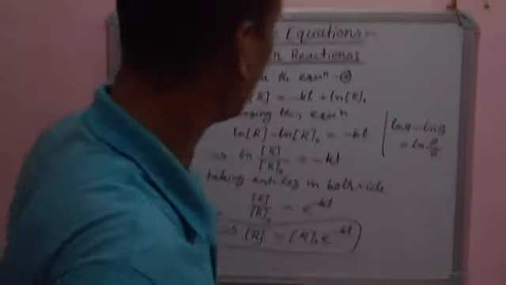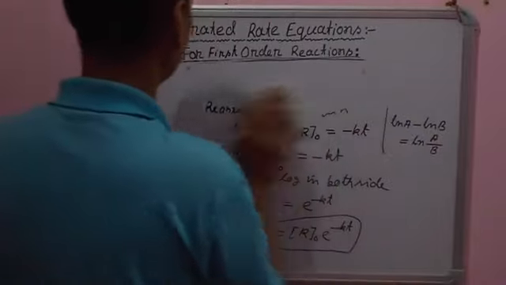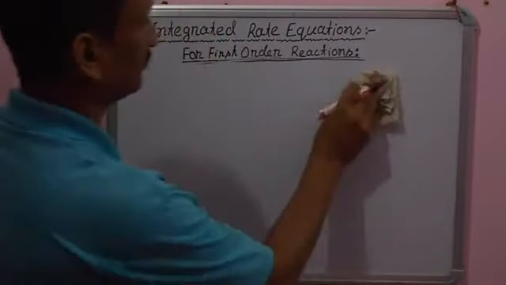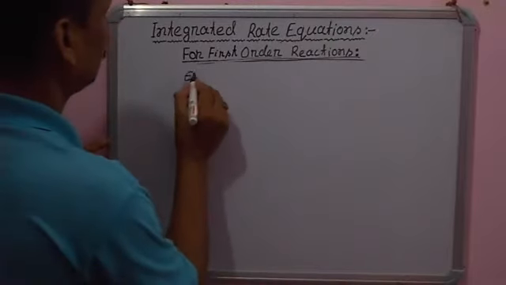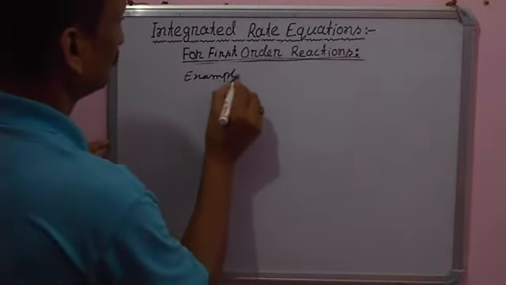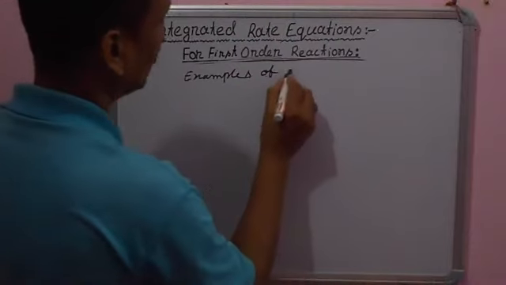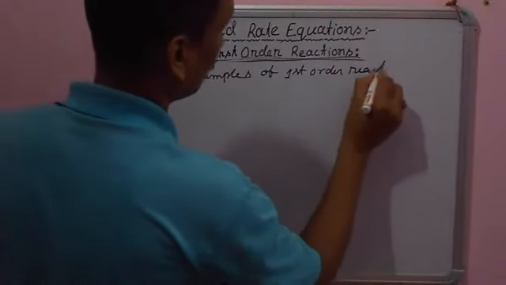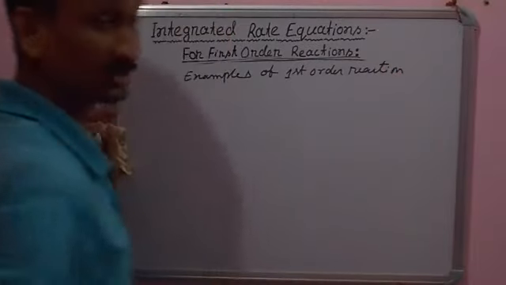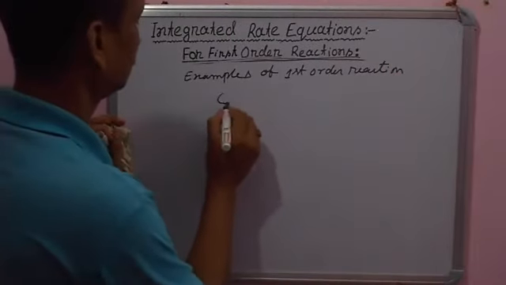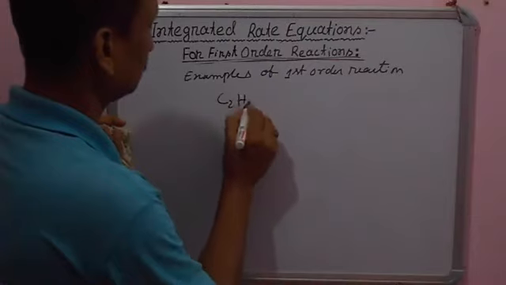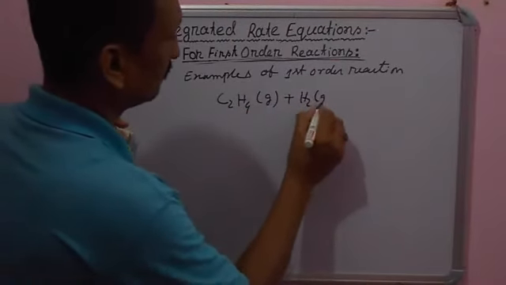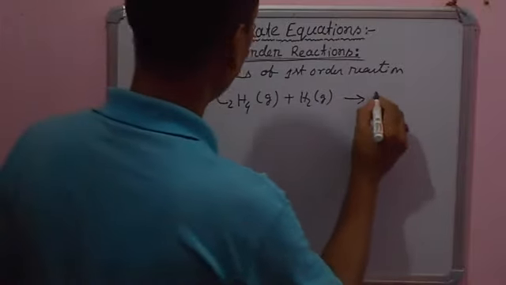Now we'll see an example of a first order reaction. Hydrogenation of ethene gives ethane.